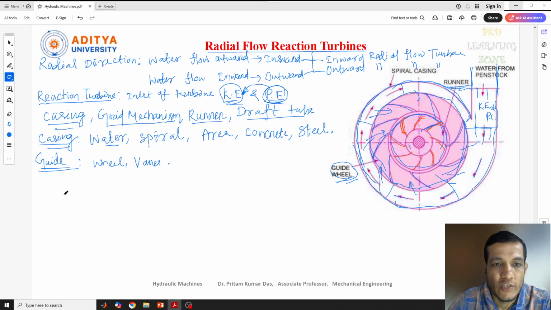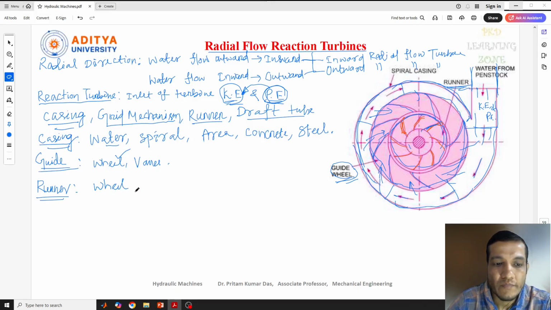Okay, the next one is the runner part. The runner is also a circular wheel.